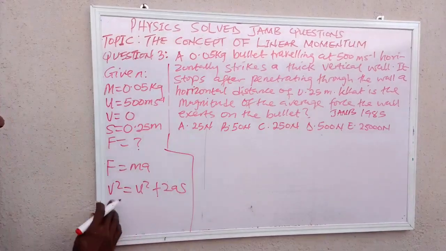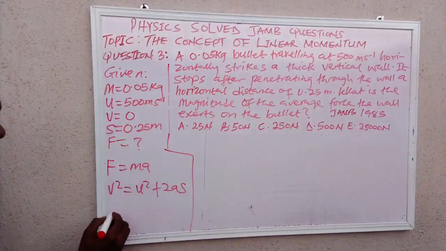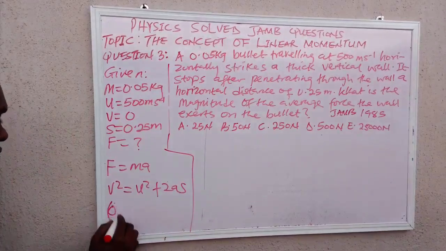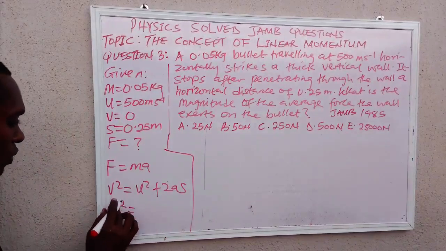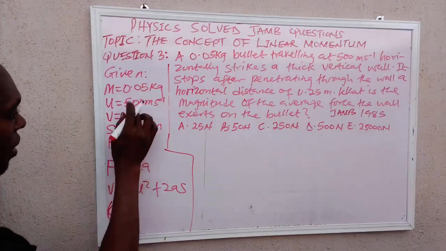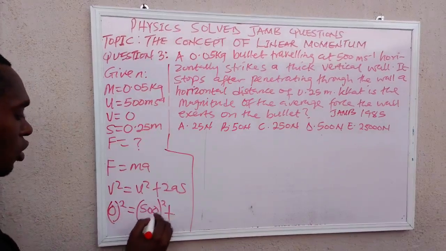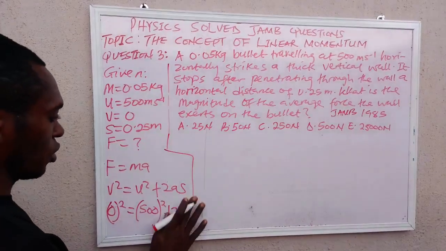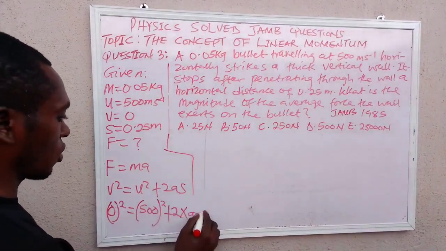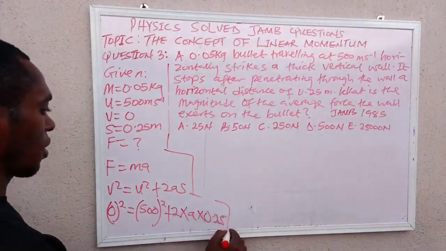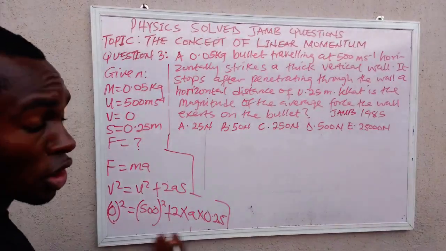The final velocity is 0, so we have 0 squared equals, let's use a bracket, the initial velocity is 500, so 500 squared, plus 2 times our a, that's what we're looking for. The distance is already given as 0.25 meters, so you don't need to put the unit here.